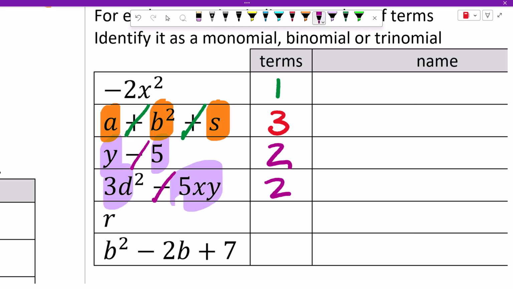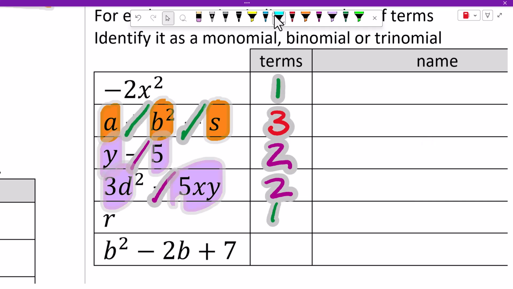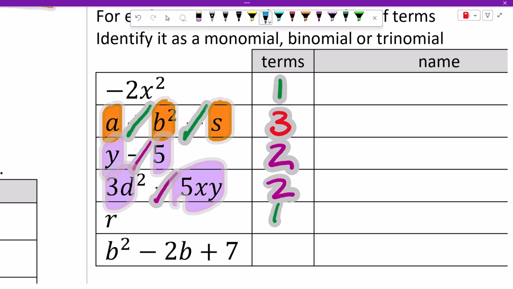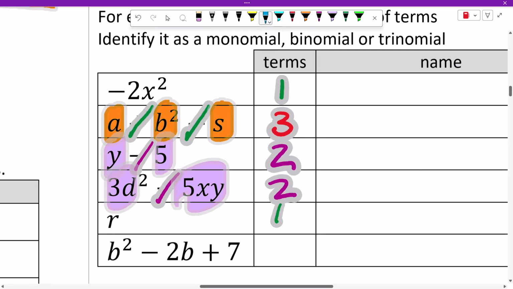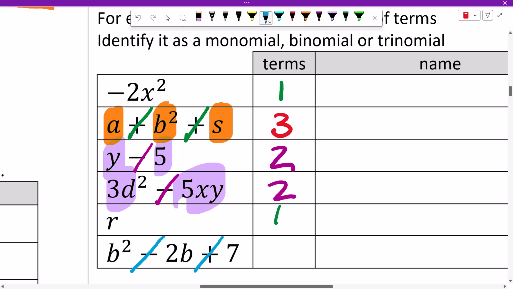Next one, you can't split it. 1. Last one, 3. Thank you. Which color haven't I used? I haven't used blue yet. 1 there, and we have 1, 2, 3 parts, so we have 3.